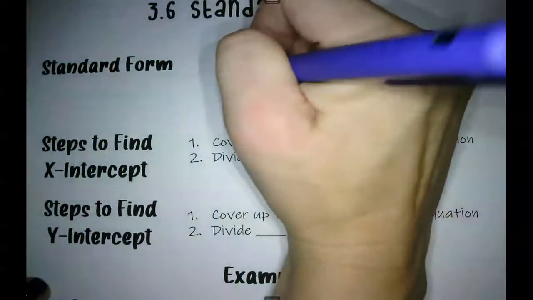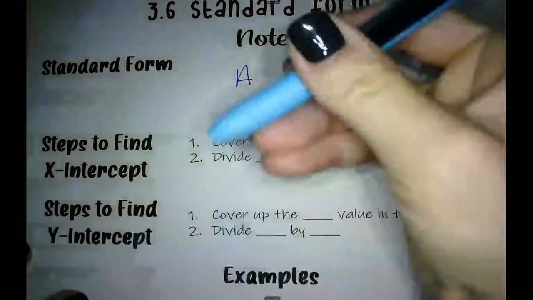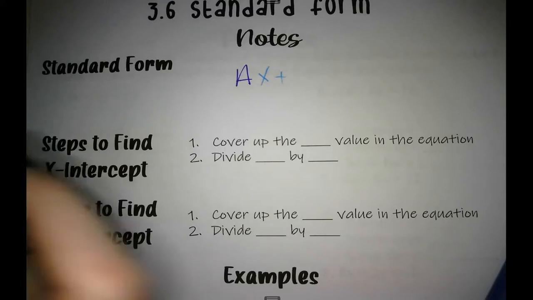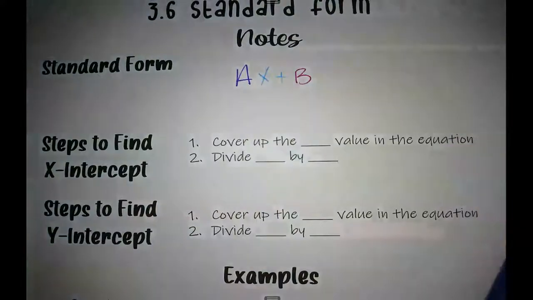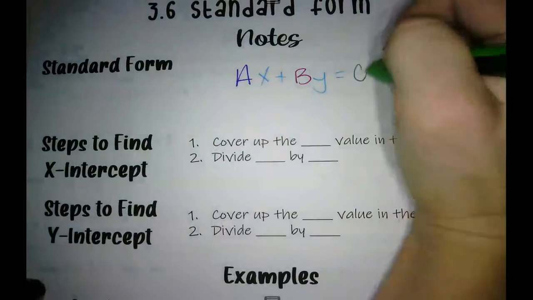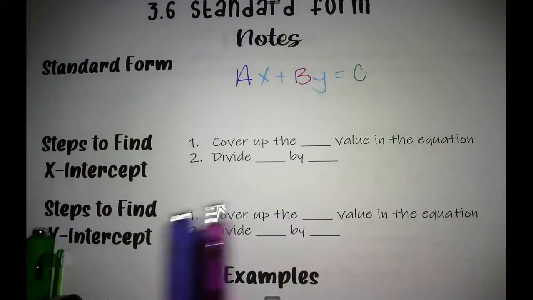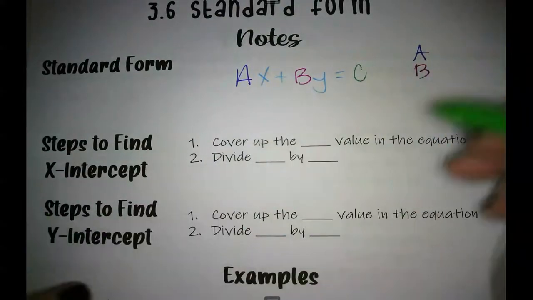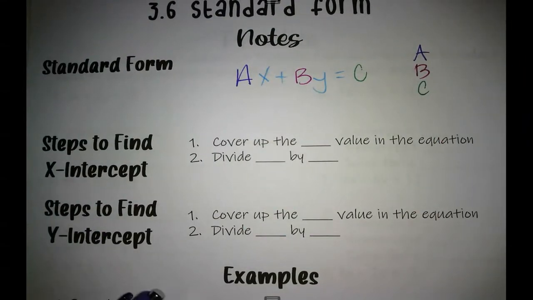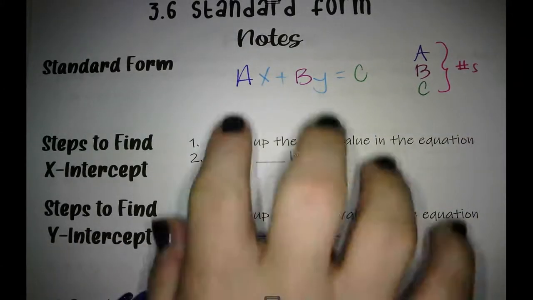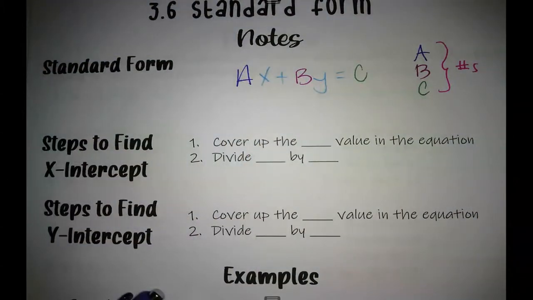So we have AX plus BY equals C. Remember our A, B, and C. These are all just numbers. And our X and Y and equal sign stay the same.